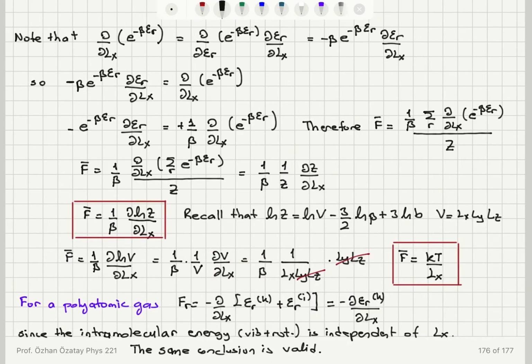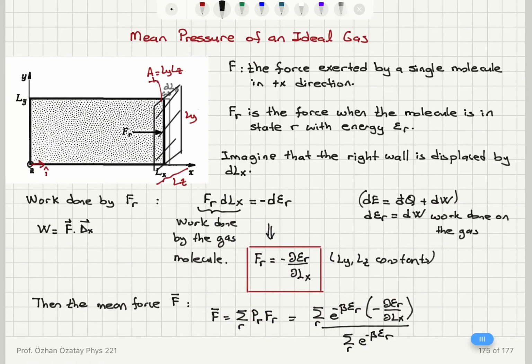So let's summarize what we said here. We had a quest to calculate the mean pressure of an ideal gas. We assume that this gas is inside a container with dimensions Lx, Ly, Lz. And I'm looking at the force exerted by a single molecule on the right wall. And I imagine that this force causes a displacement of this wall by an amount dLx.